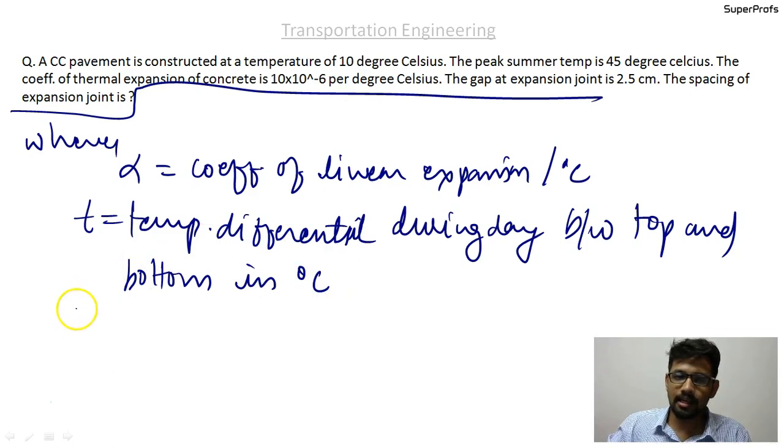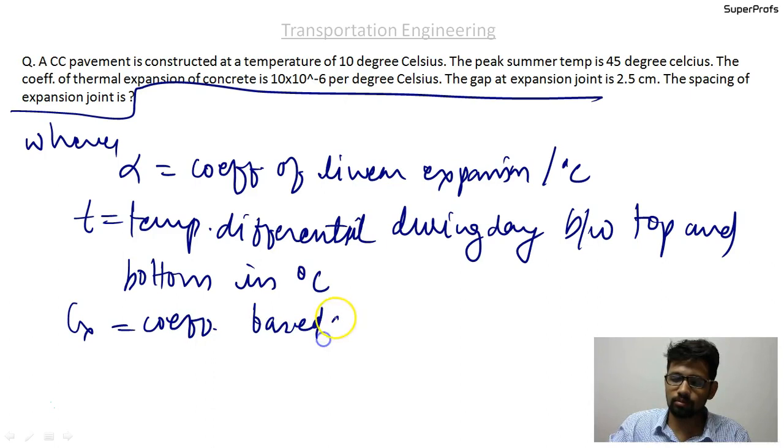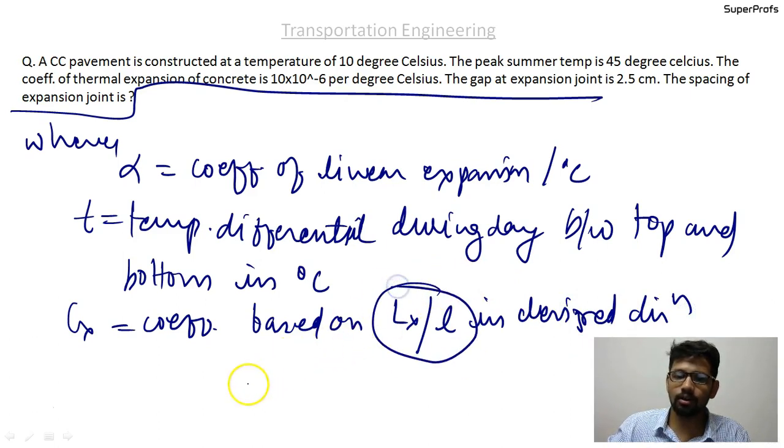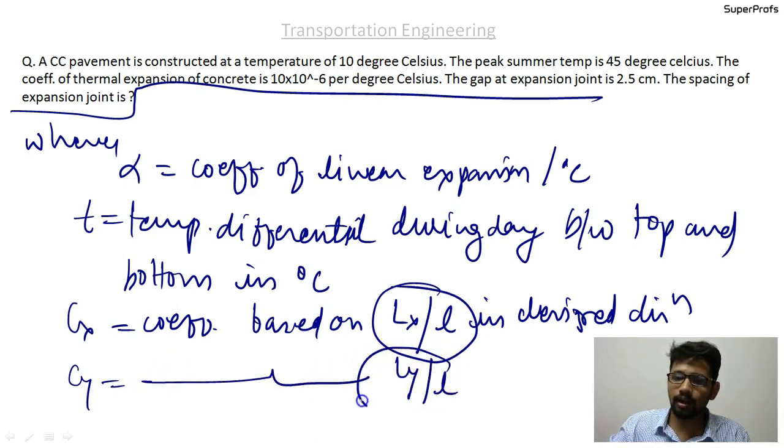Cx is the coefficient based on Lx upon l in the desired direction. I hope you understood what Lx upon l is. And Cy is the coefficient based on Ly upon small l, in the right angle direction to the above direction.